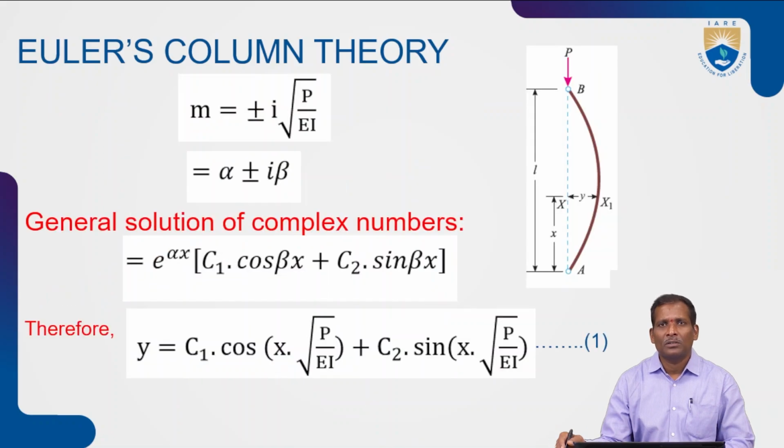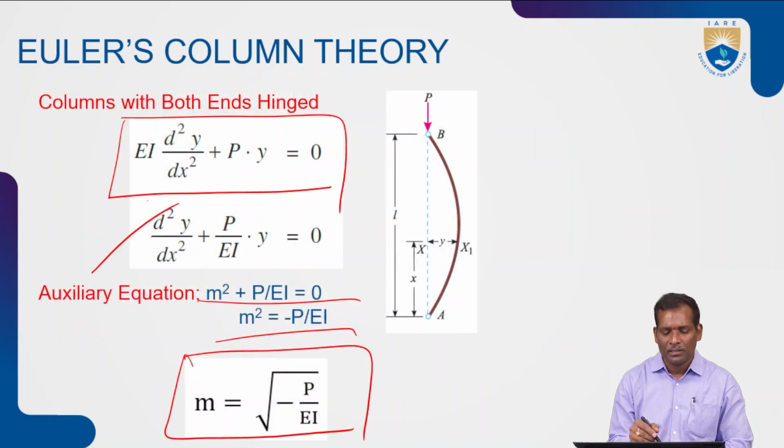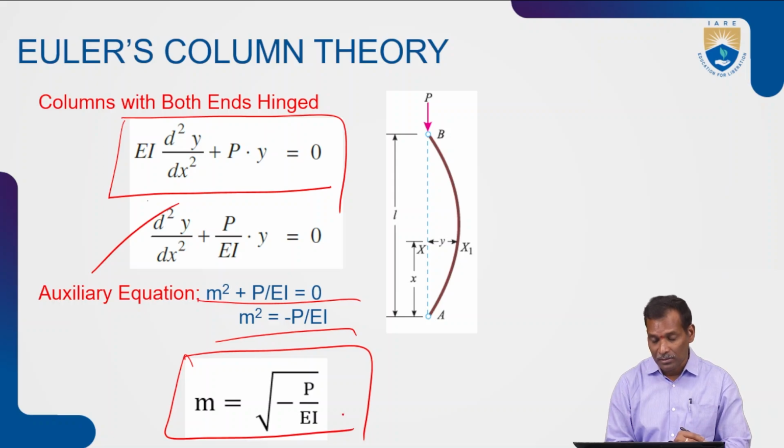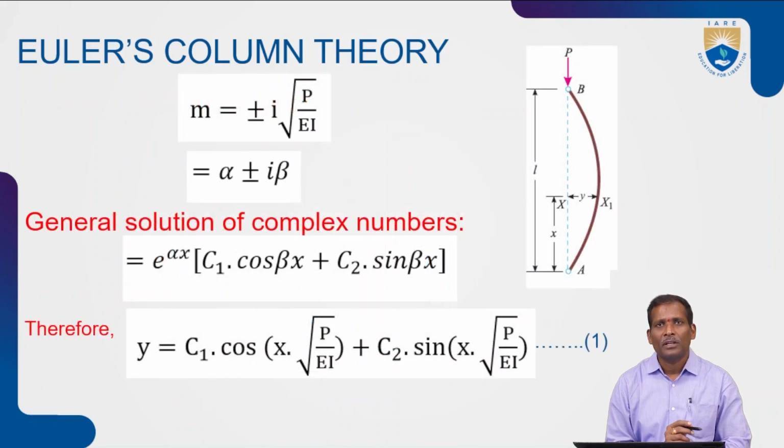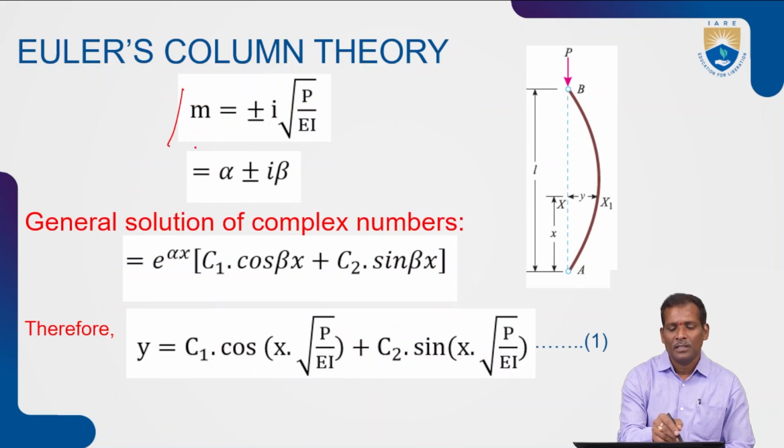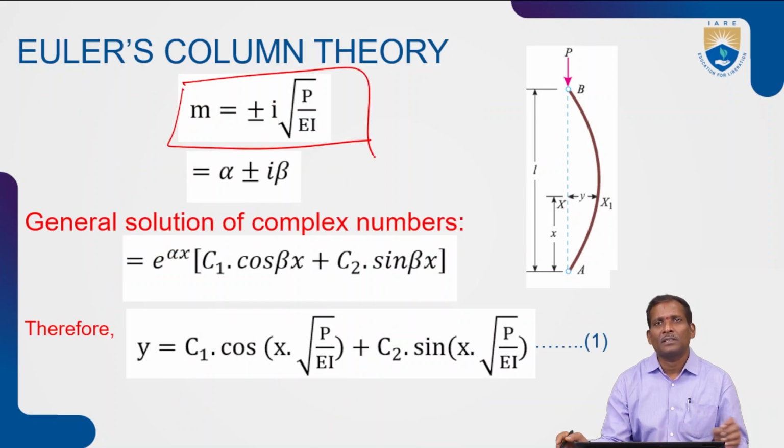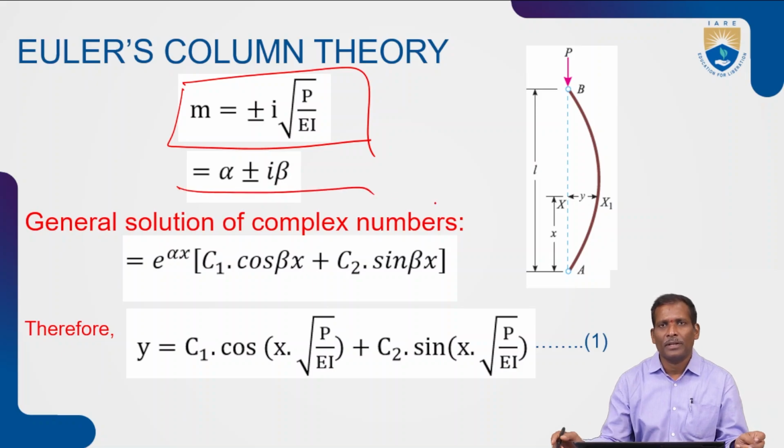So here the complex number solution is shown: m is equal to plus or minus i into square root of P by EI. The negative sign gives roots that are complex numbers. You can write it as alpha plus or minus i beta.